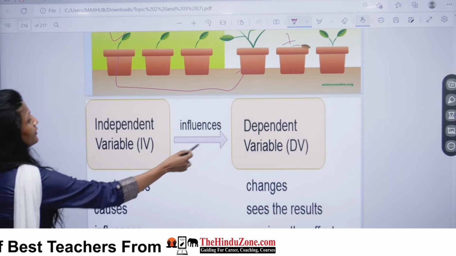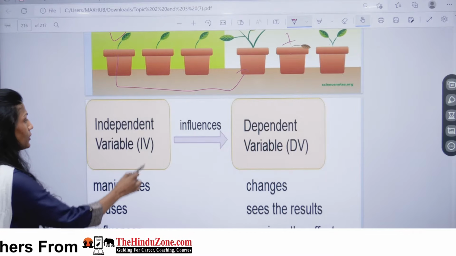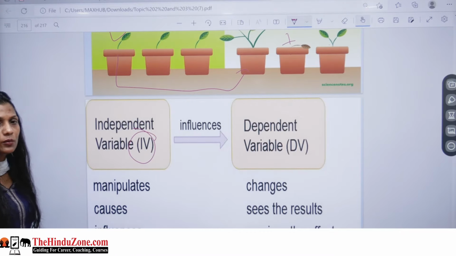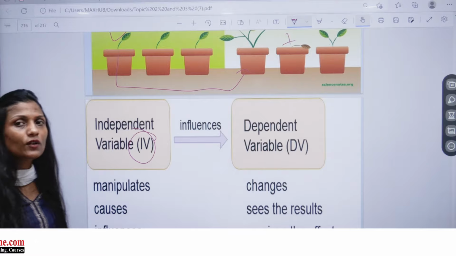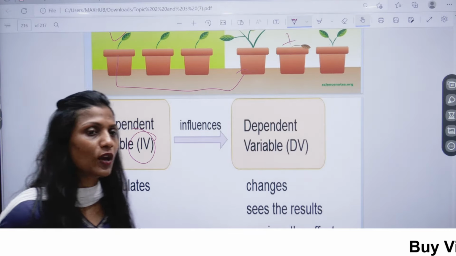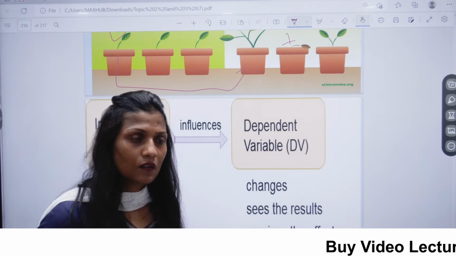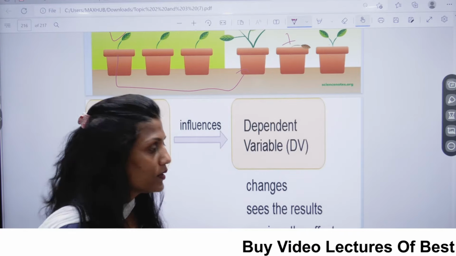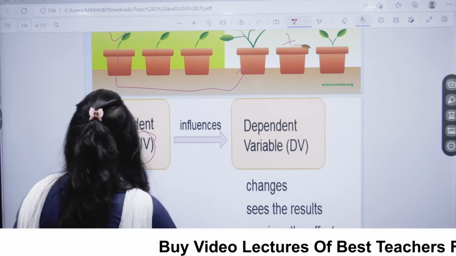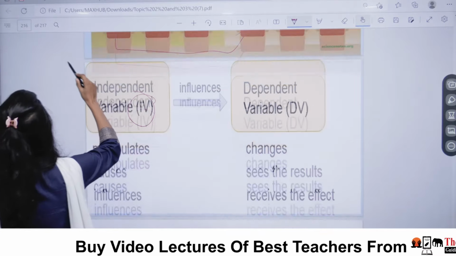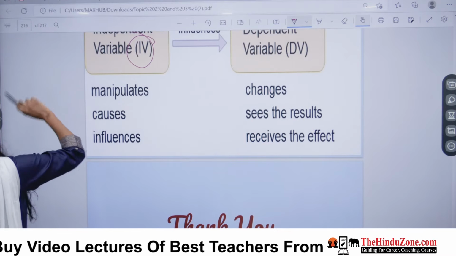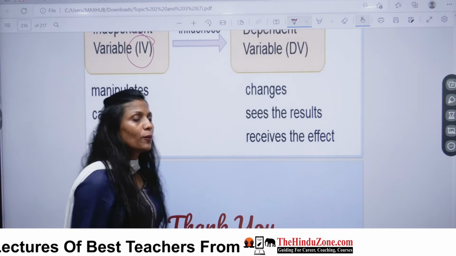Independent variables influence dependent variables. So IV is independent variable. All right. So is there anyone who could not understand this chapter? Anyone who is finding any difficulty? So this is it. Now we are done with topic 2 and 3.